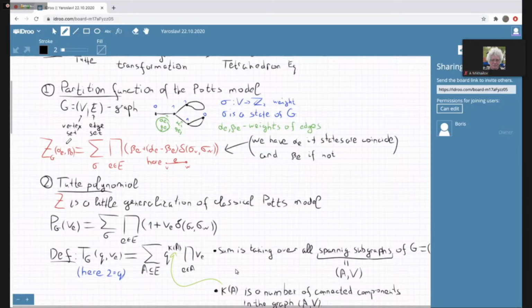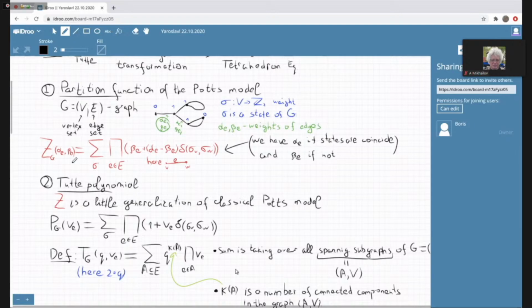I'll give a precise definition later, but the statement will be that the partition function doesn't change if we have some conditions on the parameters, while our graph G undergoes the star triangle transformation. That's more or less one of the ideas.